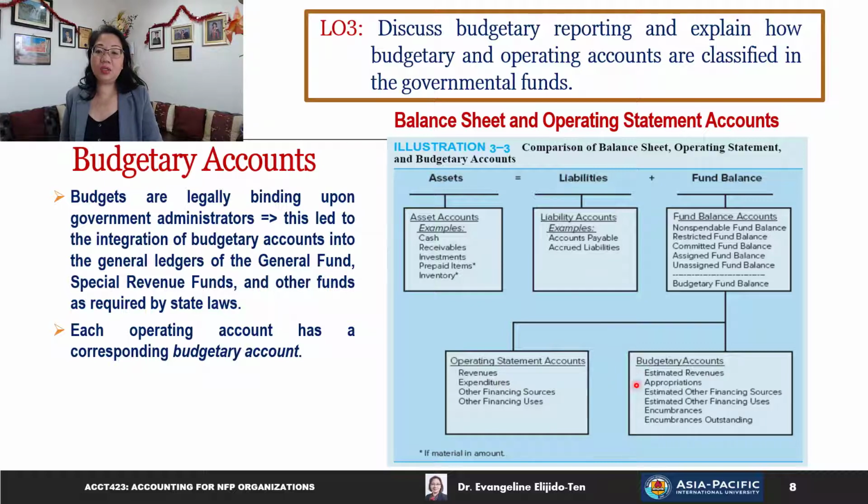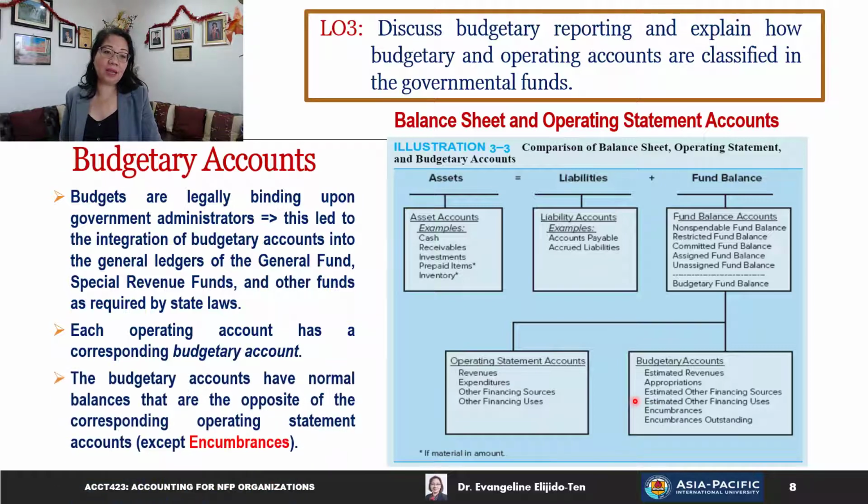So revenues in the operating statement is related or linked to the budgetary account's estimated revenues. Expenditures relate to the budgetary account appropriations. OFS, the other financing sources, relate to estimated OFS in budgetary accounts, and other financing uses relate to the estimated other financing uses in budgetary accounts.